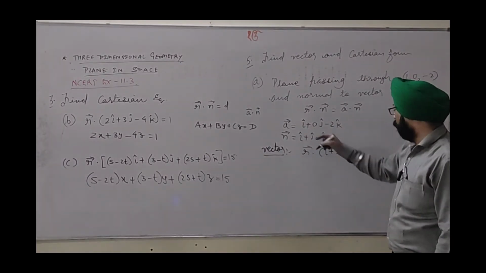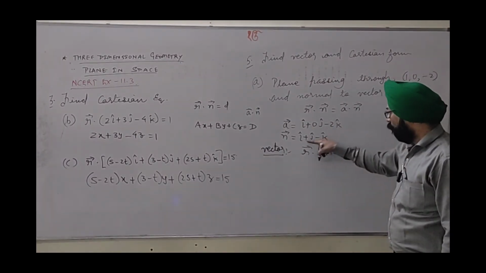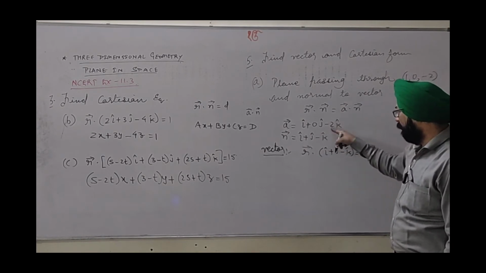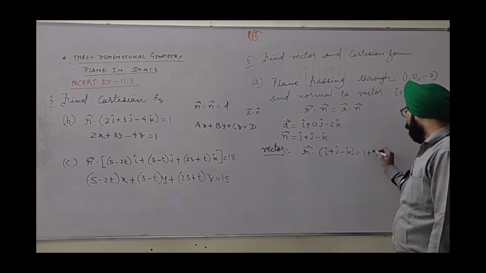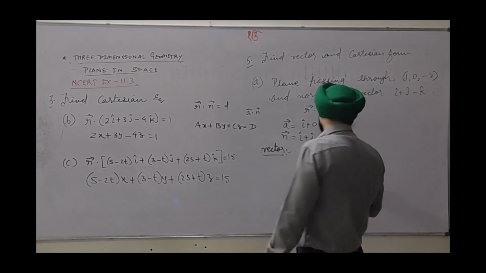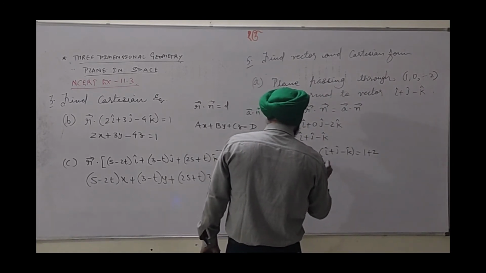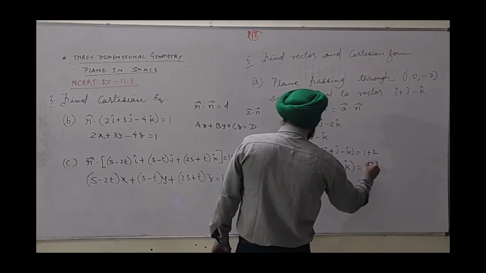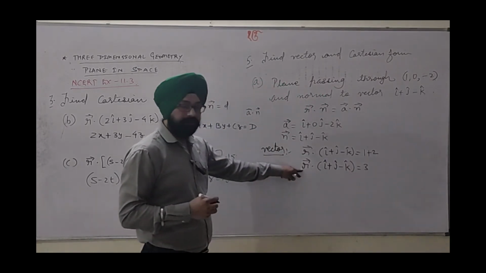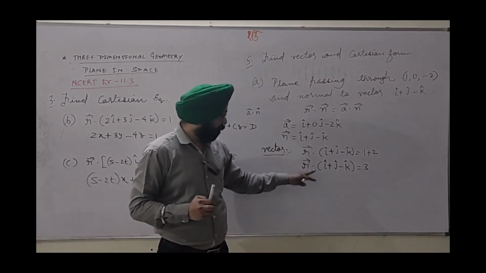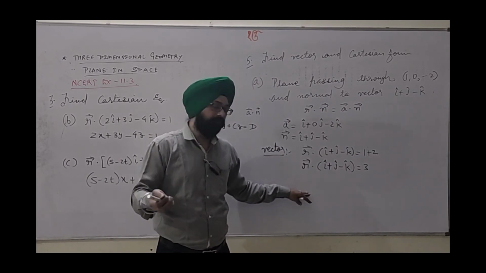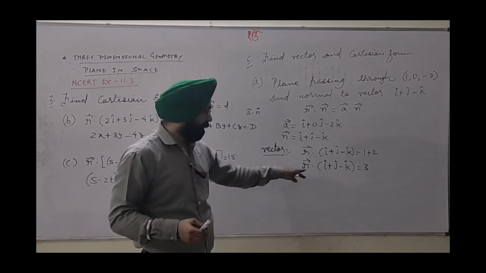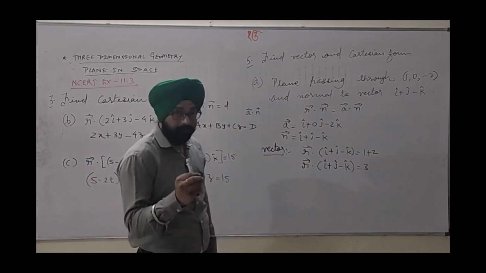So it will be 1 into 1, 1 into 0, and minus 2 into minus 1 means plus 2. So this will be written in final form as r dot (i cap plus j cap minus k cap) equal to 3. We do not change r in any form, we keep r as it is, just like the vector forms we have seen for a straight line. So this is the vector equation of the plane required.